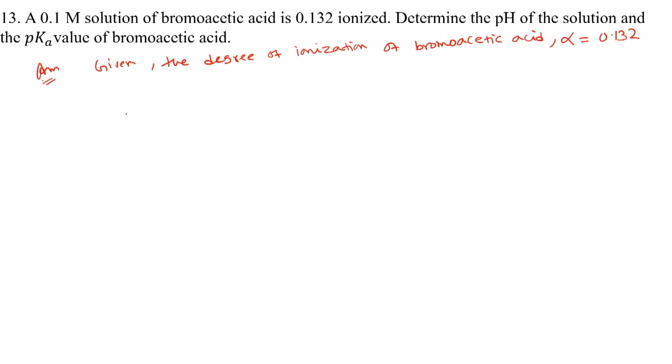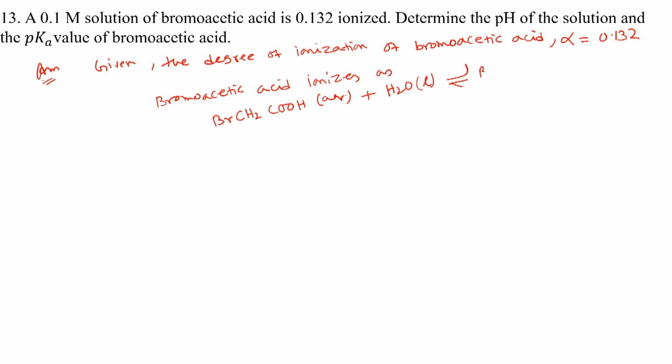Now we consider the reaction here. Bromoacetic acid ionizes as bromoacetic acid in aqueous, and then H2O liquid produces BrCH2COO minus aqueous plus H3O plus.